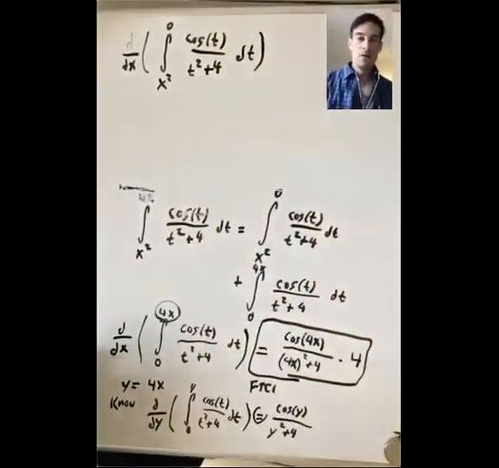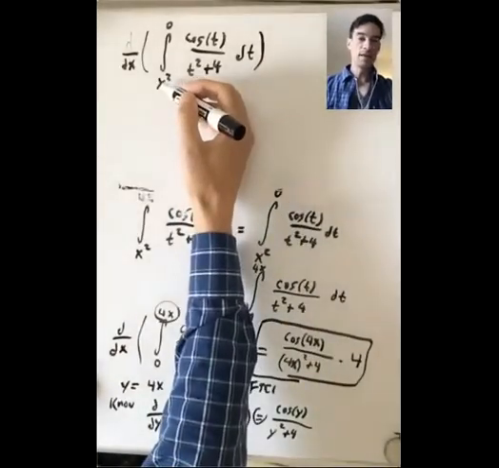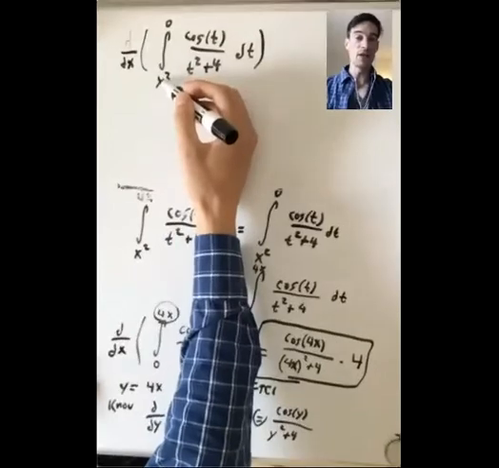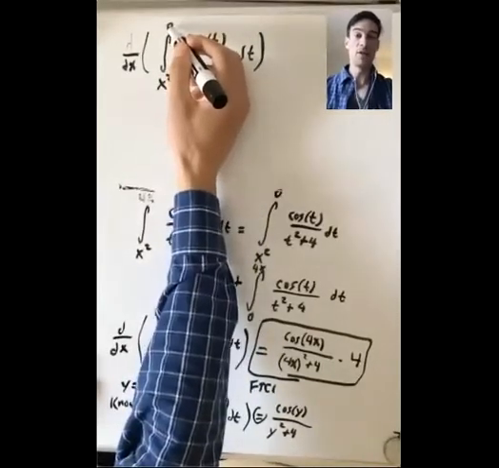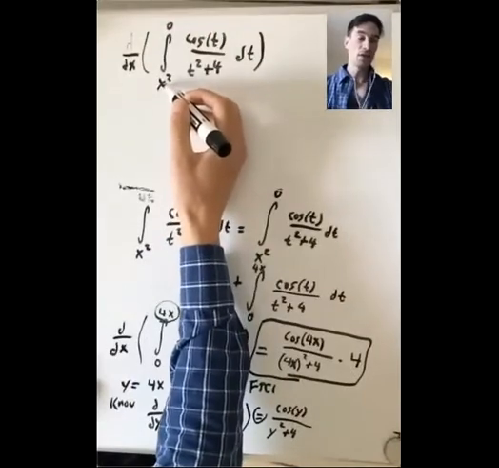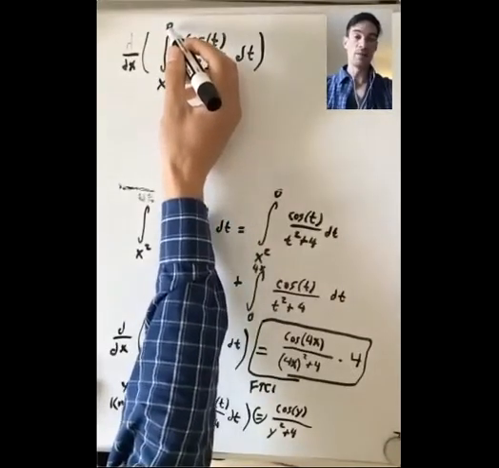Remember, FTC1 tells us about the derivative of an integral from some real number up to some function of x. Here we have the function of x in the bottom endpoint and the real number in the top.